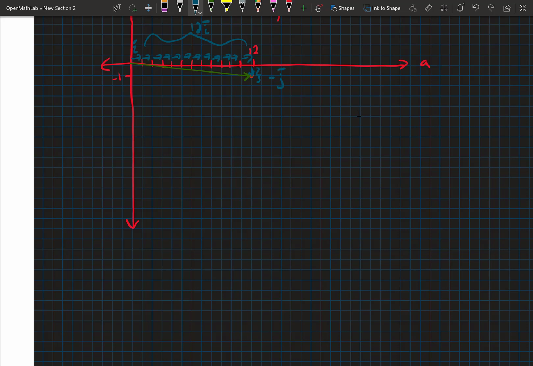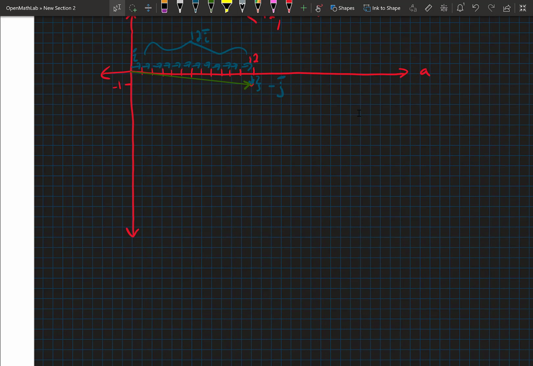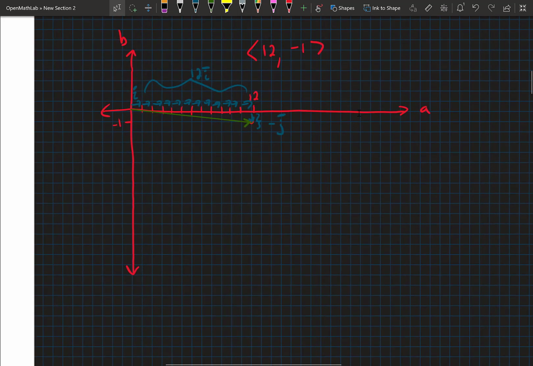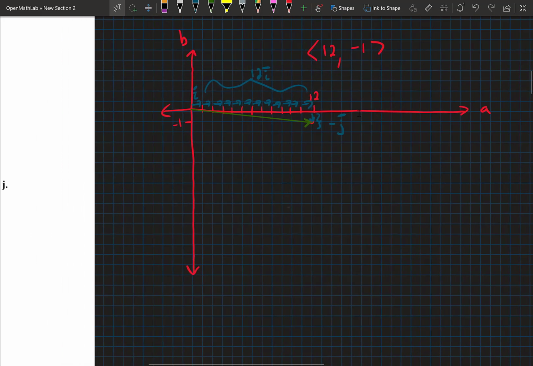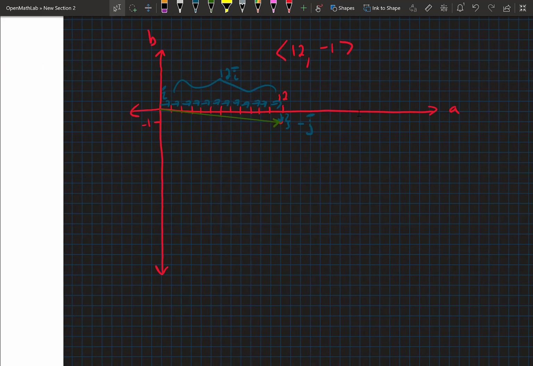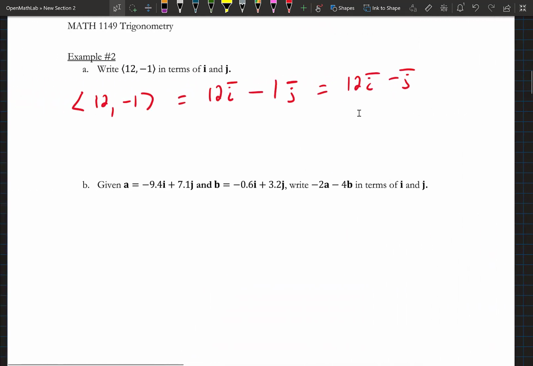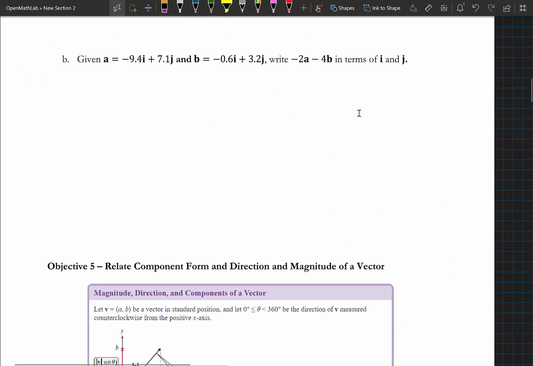So if we combine 12 i's and one negative j because we're going downward, then that's how we get to that vector, and that's why that's useful to get to that point.